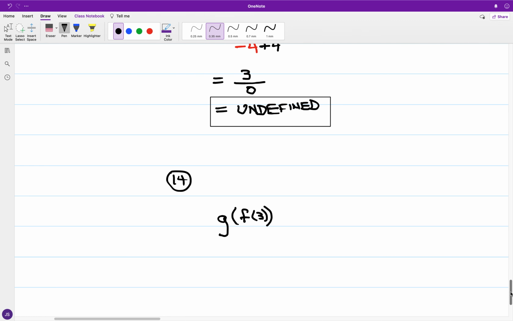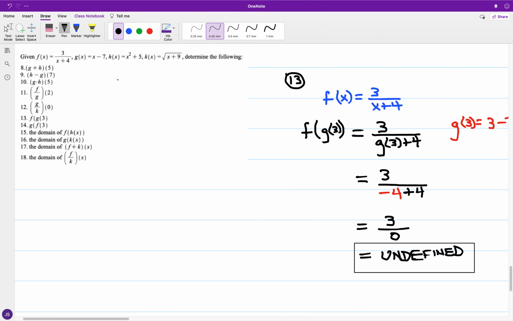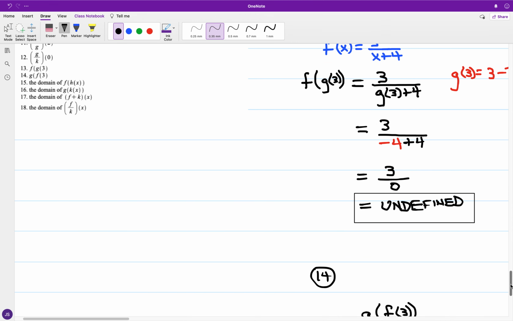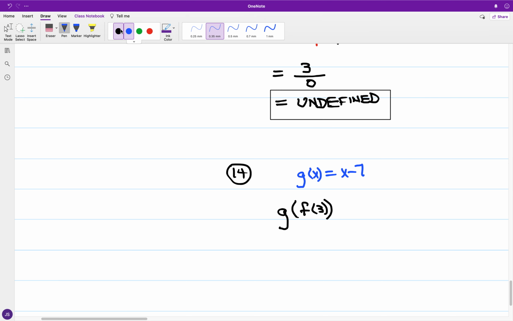For g of f of 3, our output function in accordance with g of x is x minus 7. So g of f of 3 is going to be f of 3 minus 7.